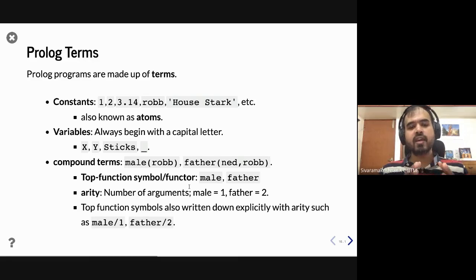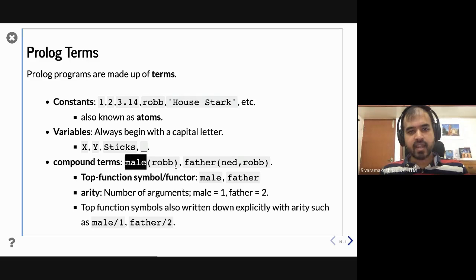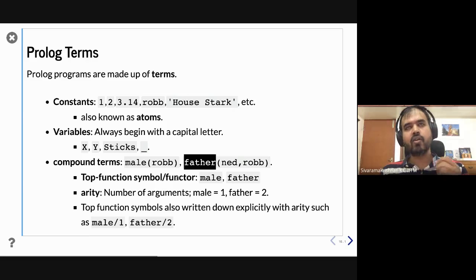For compound terms, there are a few things. There is a top function symbol. This male and father are known as top function symbols, also known as functors. Again, the term functor here is very different from the OCaml one. Because it is confusing, I'm just going to use top function symbol in the rest of the lecture. Each top function symbol also has an arity: how many arguments, how many subterms it can be applied on.